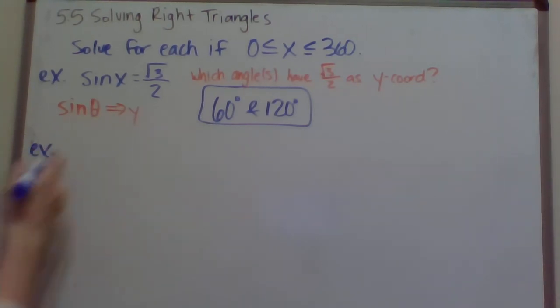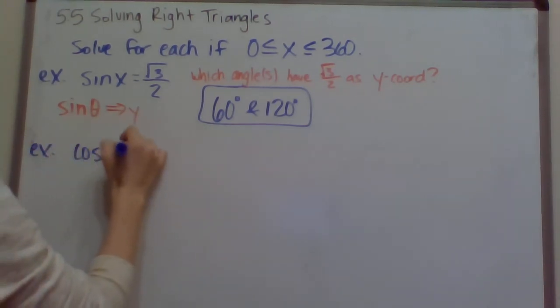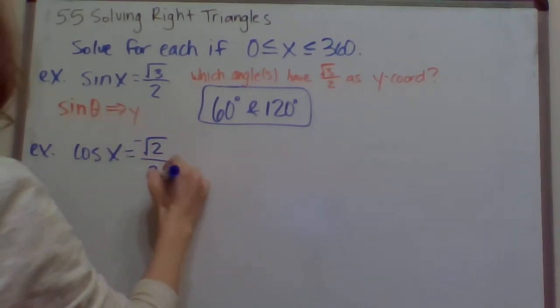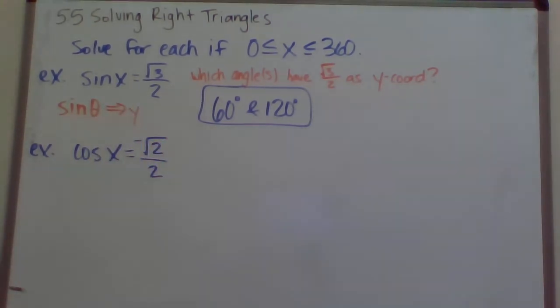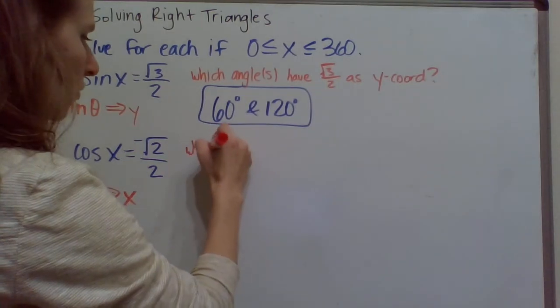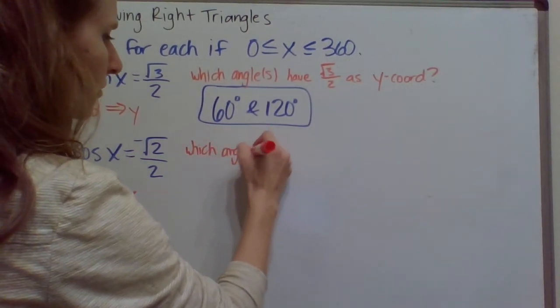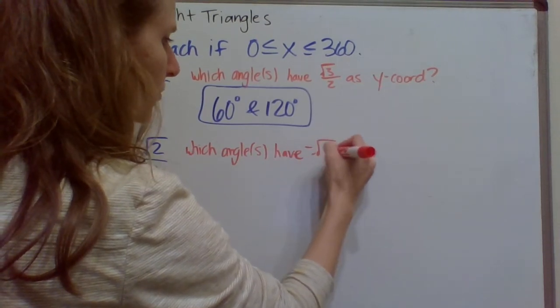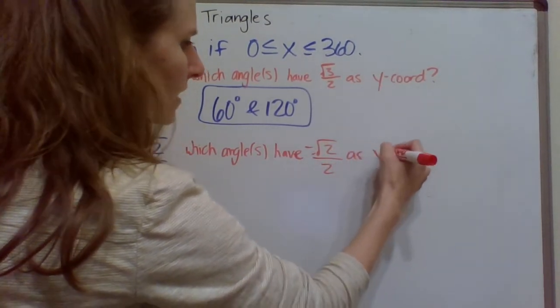Another one, what if I ask you for the cosine of x is equal to negative square root of 2 over 2? So again, let's think about what we learned. We said the cosine of any angle theta was essentially its x-coordinate. So you're asking yourself, okay, which angle or angles on that unit circle have negative square root of 2 over 2 as the x-coordinate?